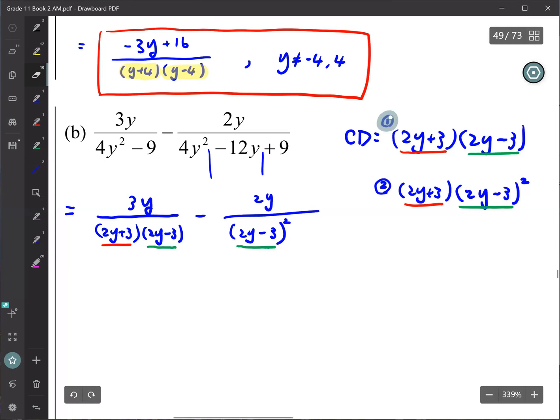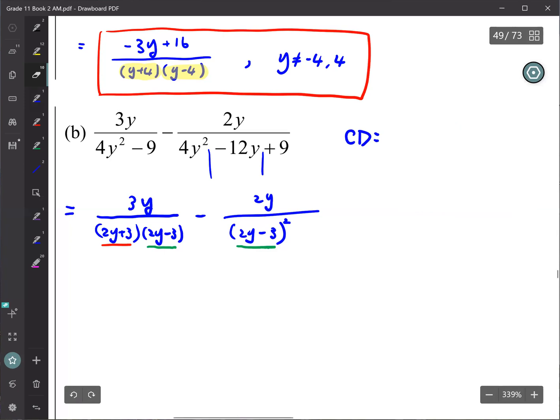Okay, let me rewrite it. So common denominator should be 2y plus 3, 2y minus 3. You can write a square or you can write it again. So you have square there.